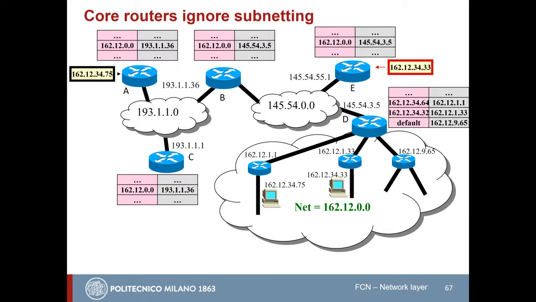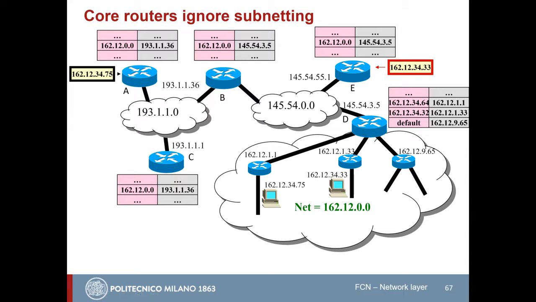In these routers, the whole network, which is 162.12.0.0, can be seen by a single entry. While when you are inside the network, you have different entries. So the subnetting is simply implemented by providing different entries in the routing table of router D.